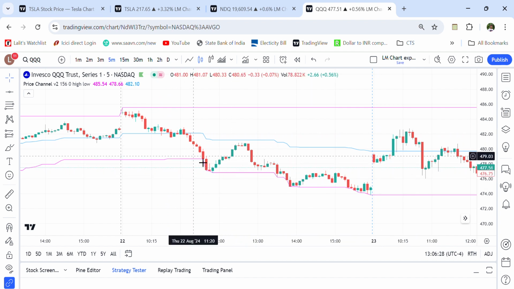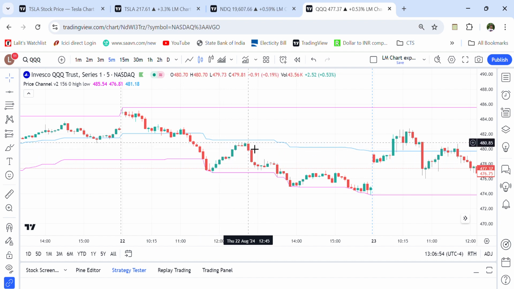Similarly, if you see here, the price channel went down and then it was stable for a long time. When it is stable and leaving the price channel and going inside the channel, over here you can buy calls at 478, let's round it off. Your stop loss is where? 476.86, just $1.25 stop loss.